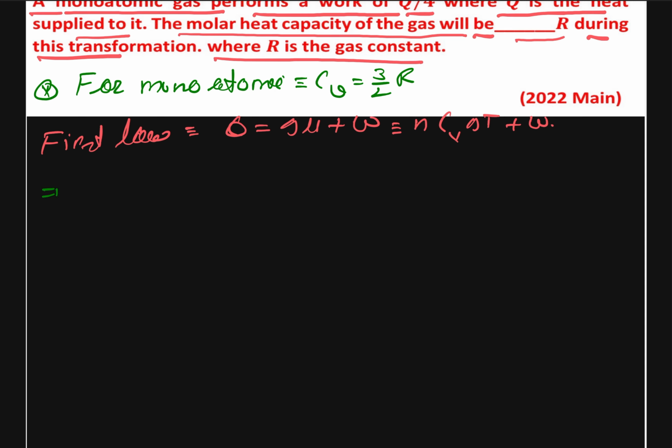Therefore, we can say that Q is equal to N C of V delta T plus Q by 4, which can be written as Q minus Q by 4 will be giving us 3Q by 4 is equal to N C of V delta T.